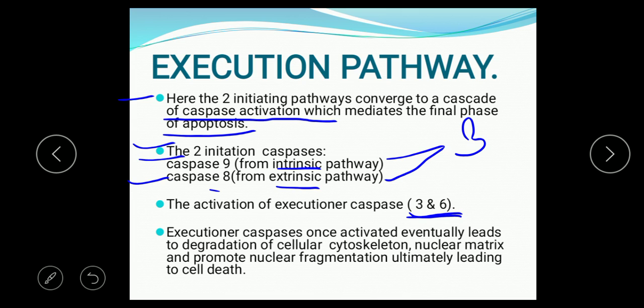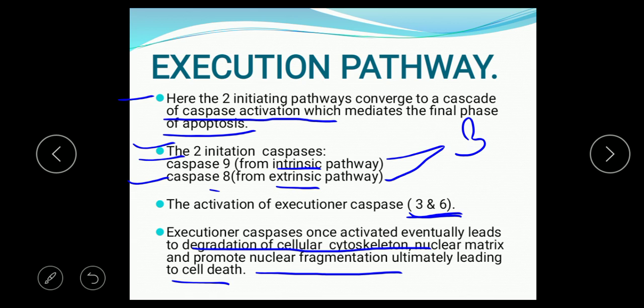The executioner caspases once activated eventually lead to degradation of the cellular cytoskeleton and nuclear matrix, and promote nuclear fragmentation, ultimately leading to cell death. So guys, this is a very major term we need to understand here.